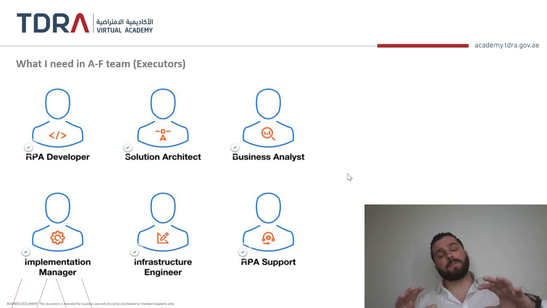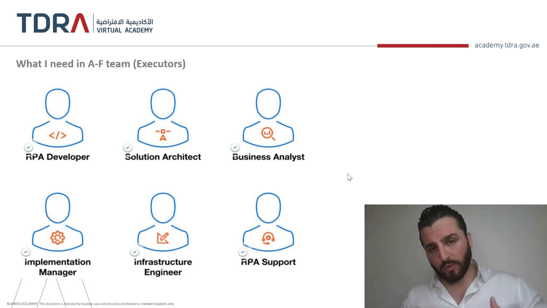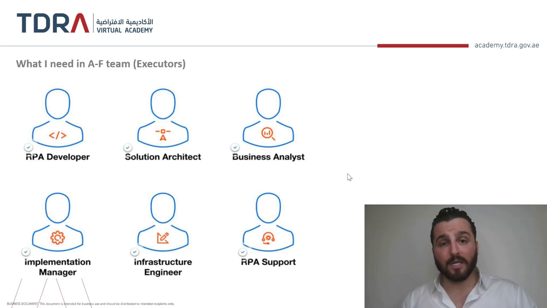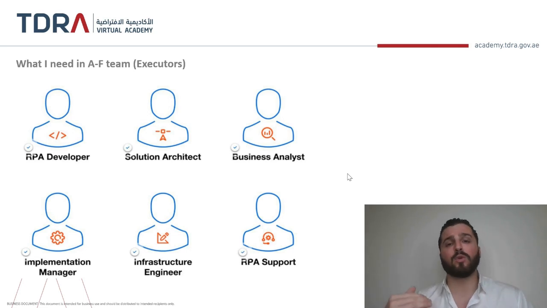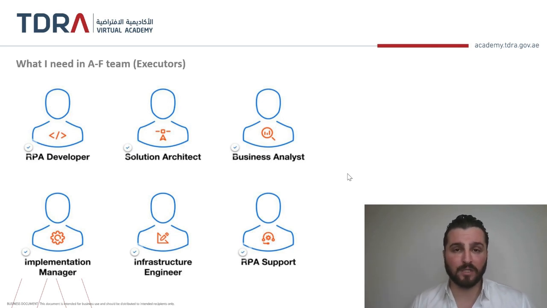Solution architect is the person who is responsible for integrating different solutions together, utilizing the RPA to get the required action. Business analyst will always require the process analysis and whatever the scope of the department required to be identified, in order to reflect it with the RPA developer into the system utilized for the RPA.